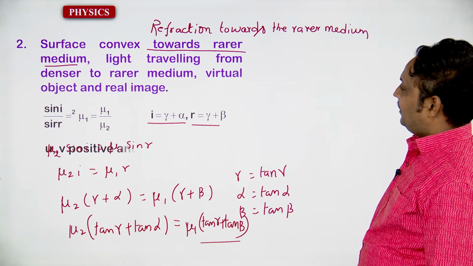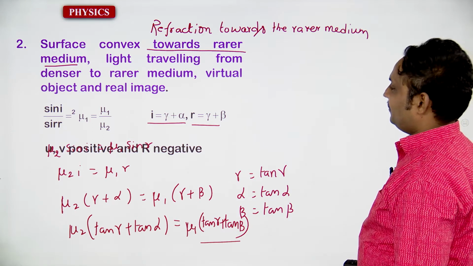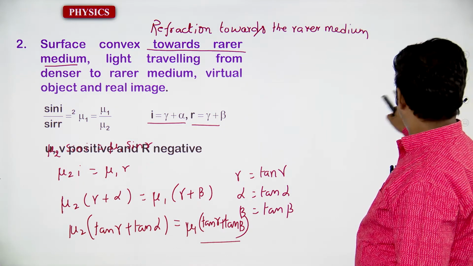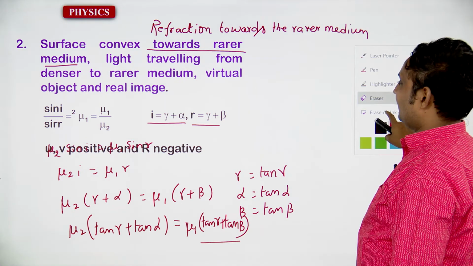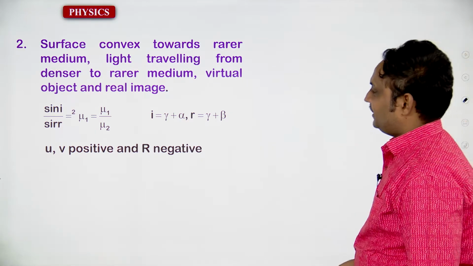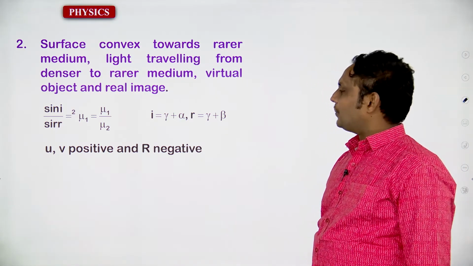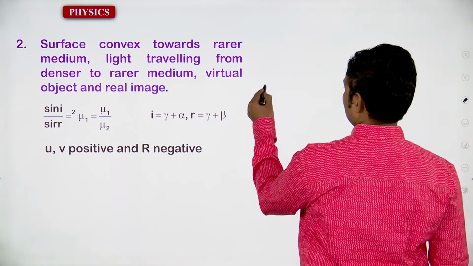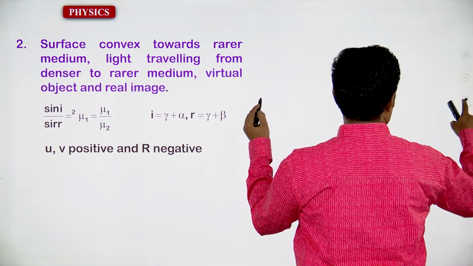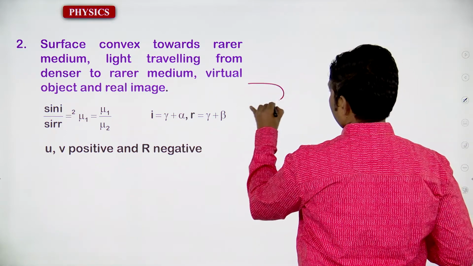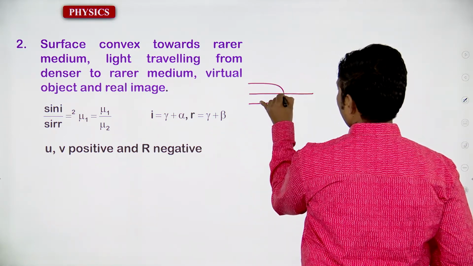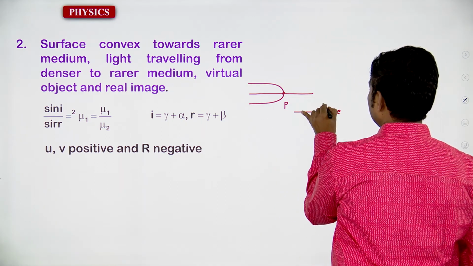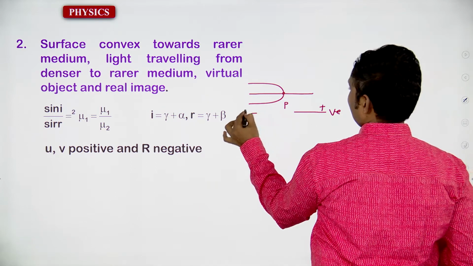Yes, okay, all right. Here R is negative, just take that. Here u and v are positive and R is negative, you are going to get that consideration. In this case we are going to get this all from the pole. This is going to be positive, this is going to be negative.